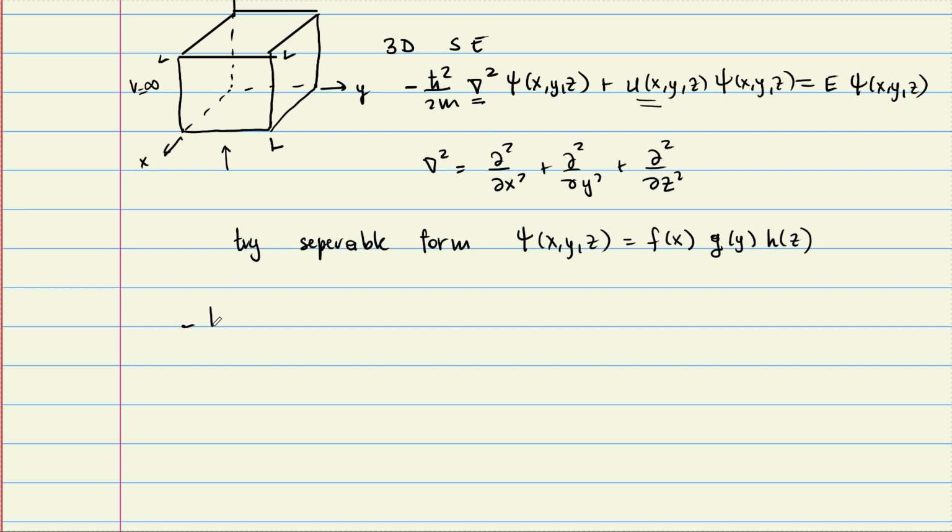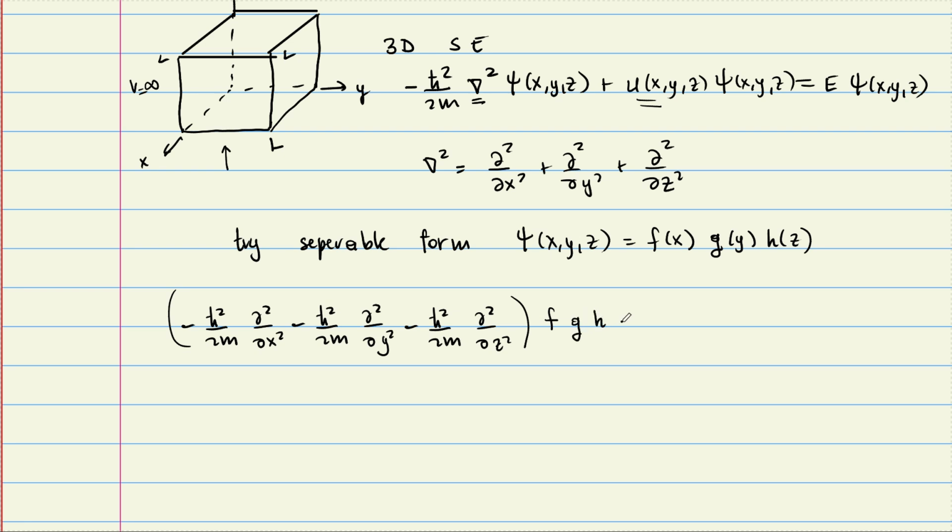Let me write it like minus h bar squared over 2m, del x squared plus del y squared plus del z squared, and this entire thing is acting on F, G, and H, which should be equal to E times F, G, and H. Let me keep the operator form and see how it separates, and skip the arguments to save space.